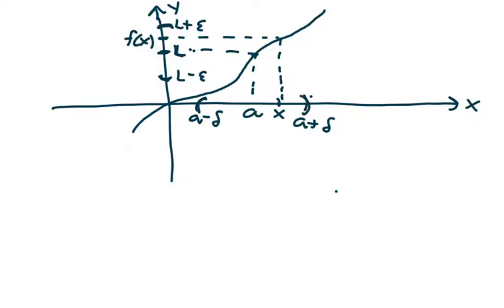And by the way, that delta depends on your choice of epsilon. So delta depends on epsilon. So I can find a delta neighborhood around a such that if x is in the delta neighborhood around a, then I claim that f of x will be within the epsilon neighborhood around L. And that right there is the epsilon delta definition of a limit.